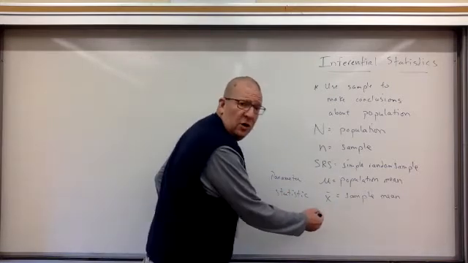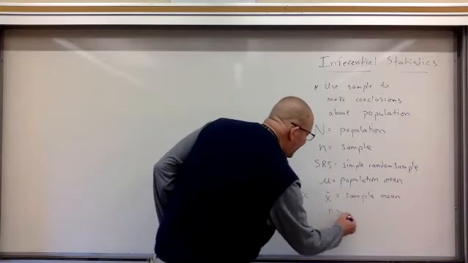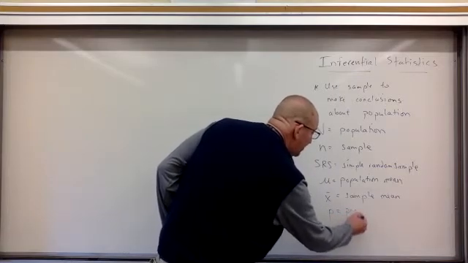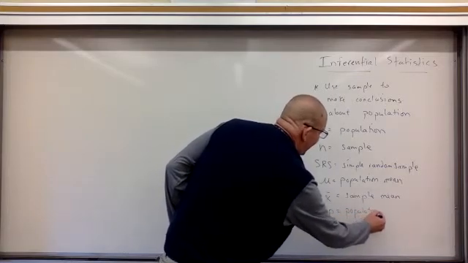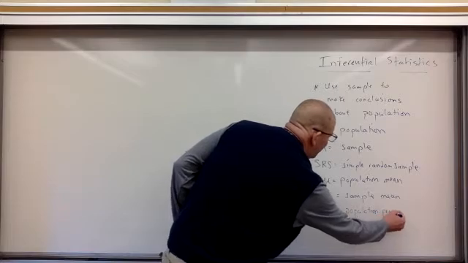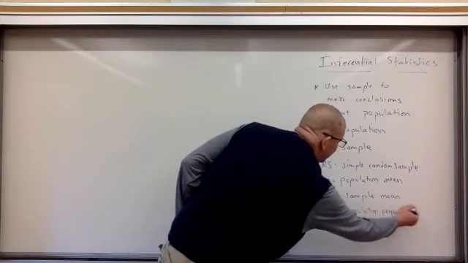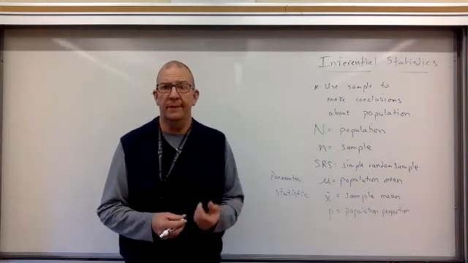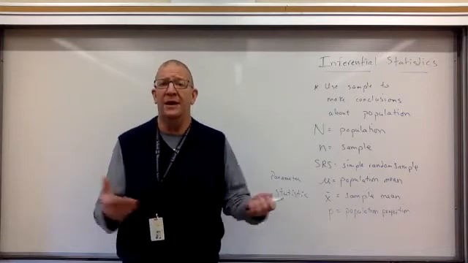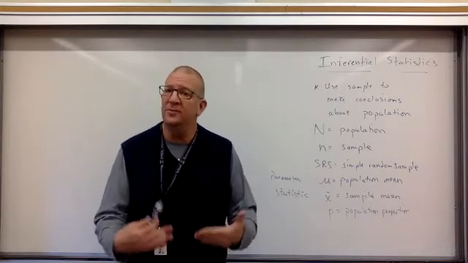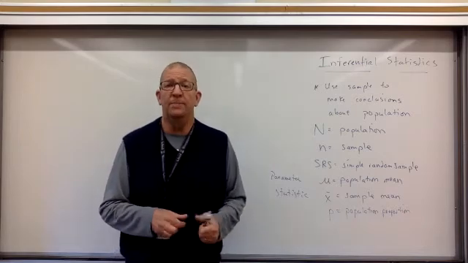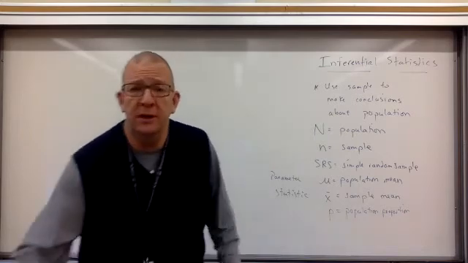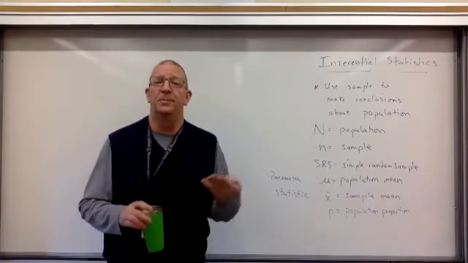And then if I can go down here at the bottom, we have P, the population proportion. Again, why proportions? Well, if you think about it, what kind of questions do we measure? How many people voted for candidate X? That's a proportion, right? What percentage of people put chocolate milk on their cereal? That's a proportion.